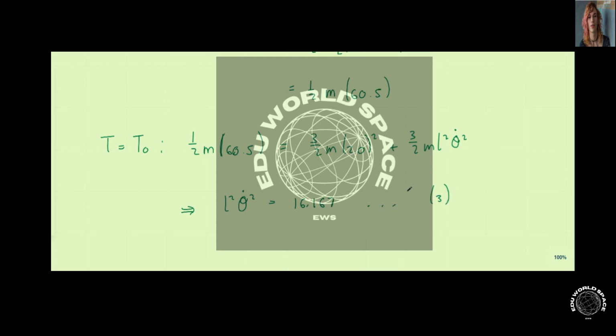If we take equation 3 and divide it by equation 2, we are left with theta dot equal to 16.167 over 3.0556, and we get theta dot to be 5.2909.